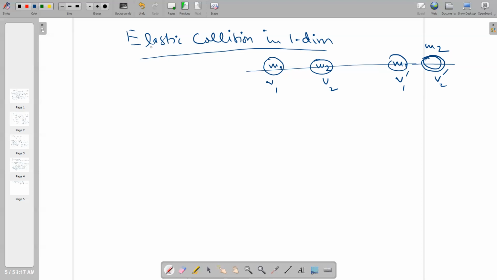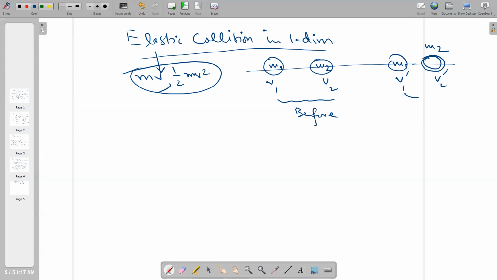So collision is elastic. It means momentum and kinetic energy remain the same. Momentum means mv, kinetic energy means half mv square. Both remain the same before collision and after collision. So this is the position before and this is the position after collision.